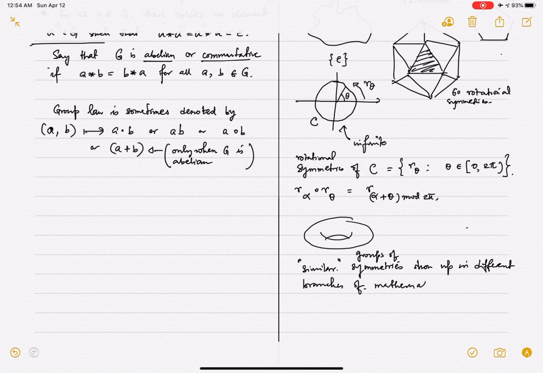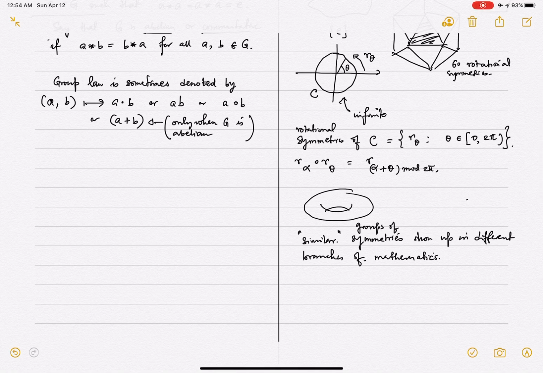And when this happens, this gives you a bridge between these branches. And that's how group theory helps, because you see that the same group in abstraction shows up in two different places. That indicates that these two different areas of mathematics, these two different objects of mathematics, maybe have some link. And that's how this subject often gets used in mathematics.